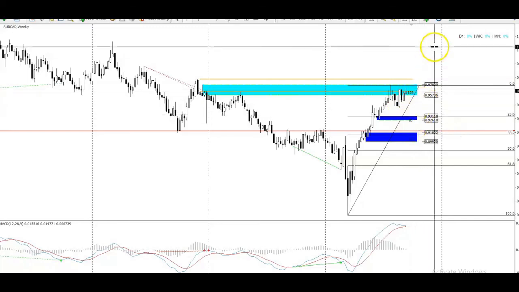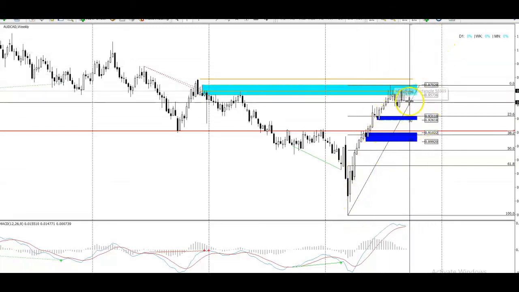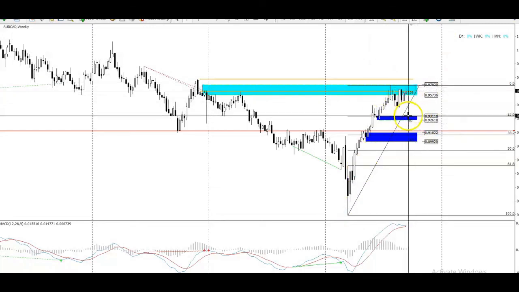So if this trend is very strong, which it is, and it moves down to here, and price action tells me that momentum is slowing down and we're getting indicators the price is about to turn back to the upside, this will be a good buying area here. Again, at the second target, we have the 38.2 fib.